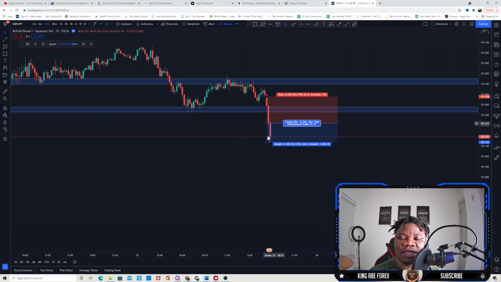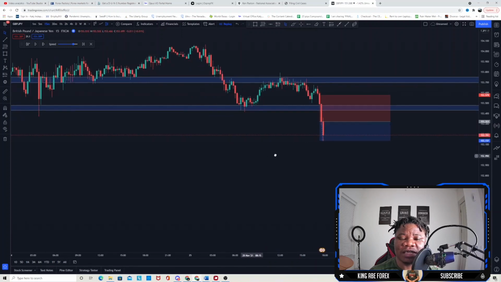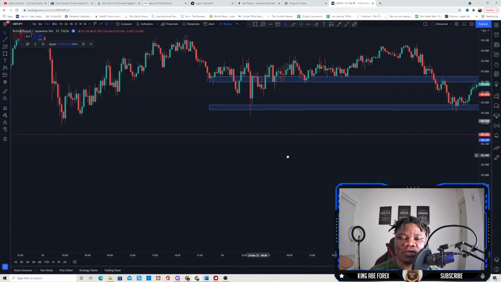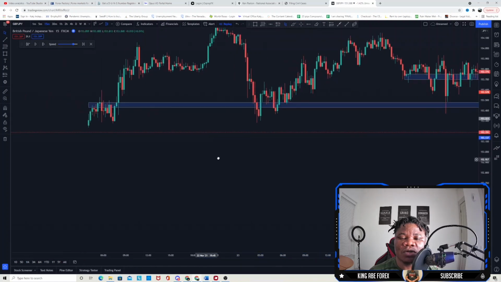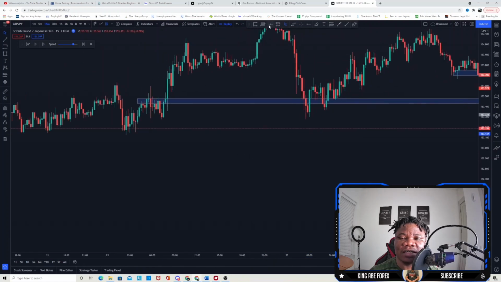Now we have our entry. For our take profit target, we need to look to the left-hand side for the most recent low, and we have our most recent low here.